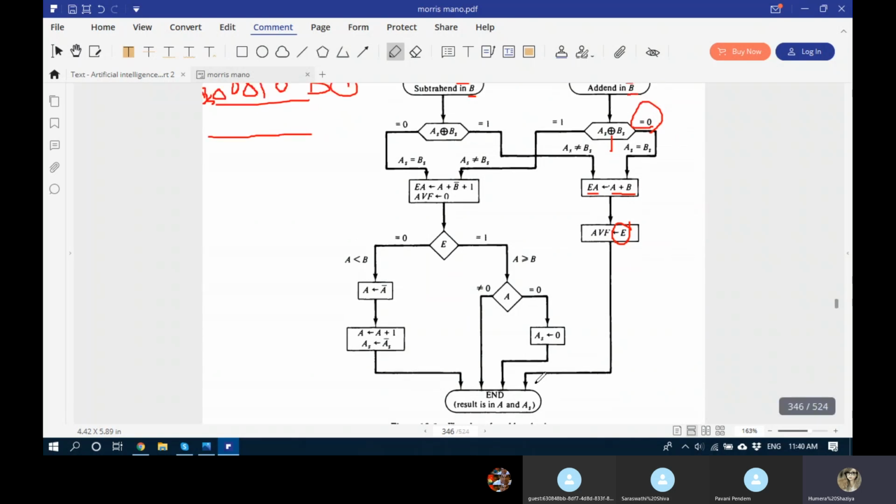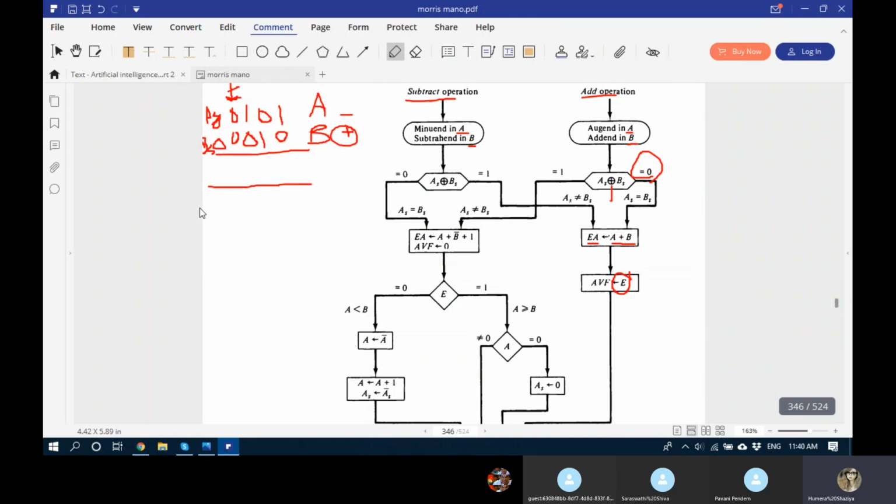because whatever is the sign of A, the same sign will be given as the sign of the result. That is, when both are positive numbers, means 0 0, and you are performing a plus operation.